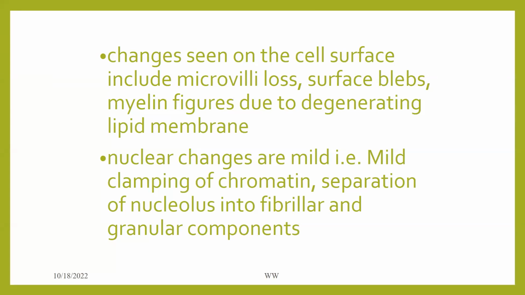What are some of the nuclear changes that one can see? Initially, there's mild clumping. These are the reversible ones. Usually it's a fine homogeneous staining with the hematoxylin and eosin, especially the hematoxylin part. And there's mild clumping so that it starts looking particulate. That's what we talk of as clumping. The chromatin clumps, that is the DNA material clumps. And there's the separation of nucleolar components. The nucleolus is an organelle where you see a rounded body in the normal cell.